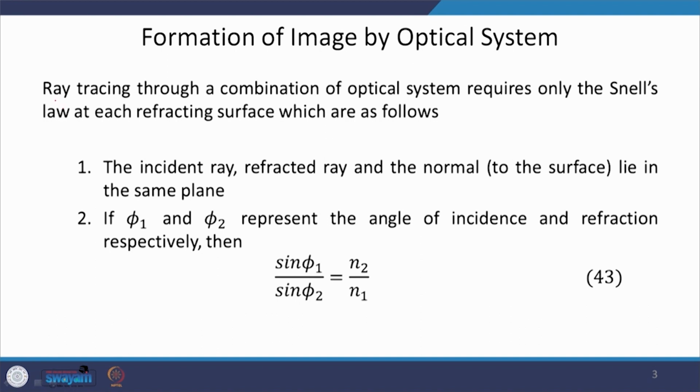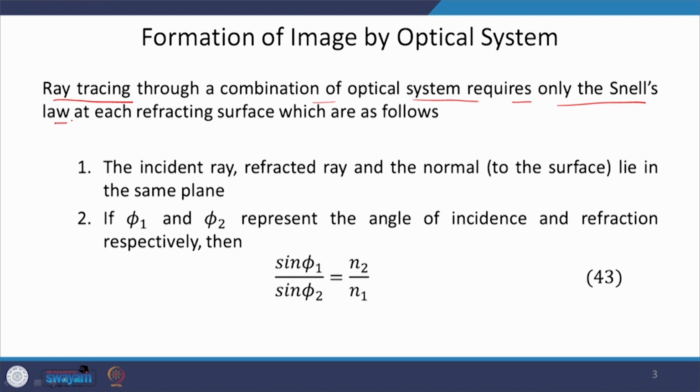Ray tracing through a combination of optical systems requires only Snell's law. If we know what Snell's law is, then we can easily trace the path of the ray in any type of medium with varying refractive index, whether the medium is homogeneous or inhomogeneous, it does not matter.